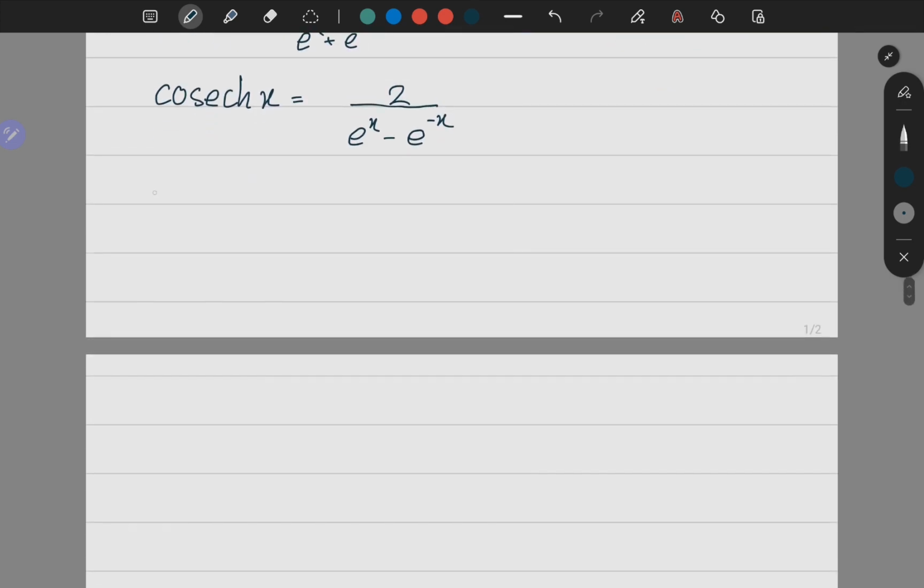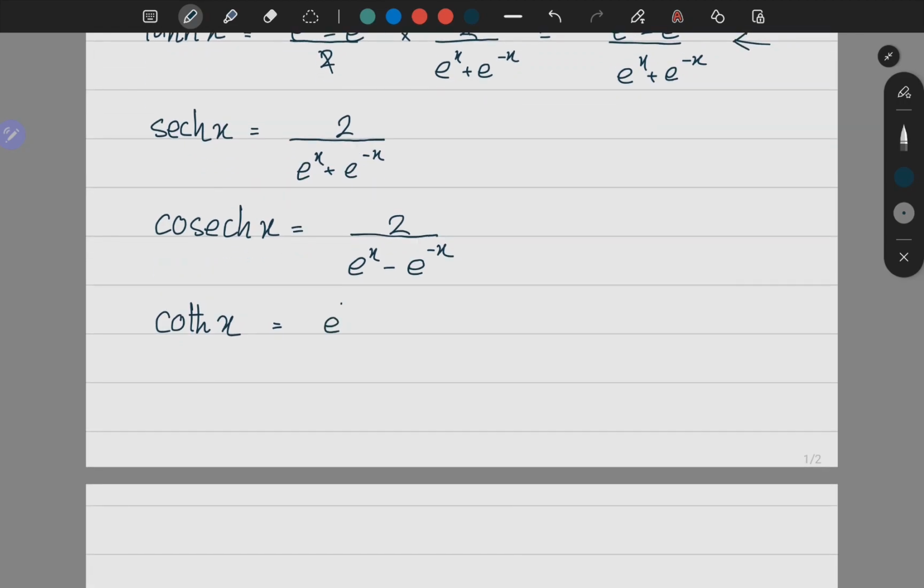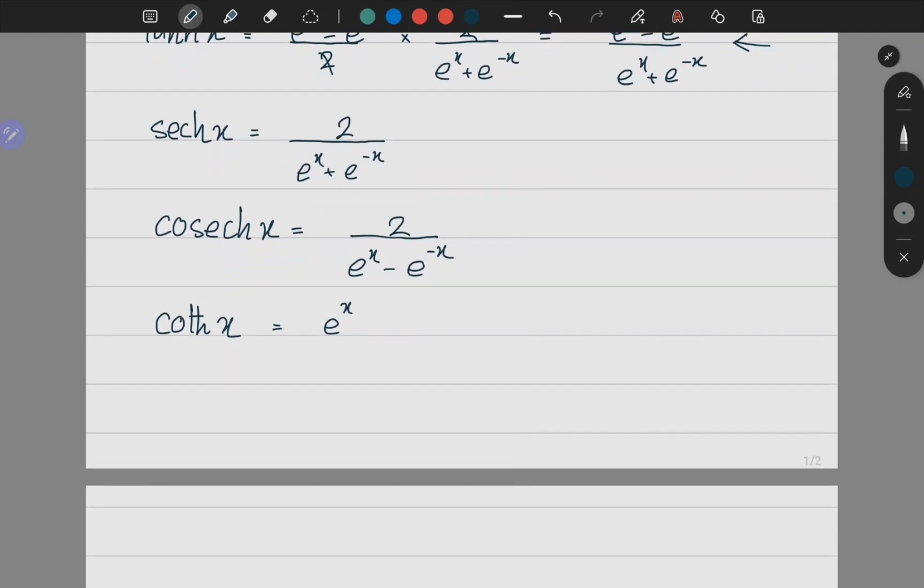And the final one is coth x. This is going to be the reciprocal of tanh x. So instead of the minus being on top, now we're going to have minus on the bottom: e to the power x plus e to the power minus x, over e to the power x minus e to the power minus x.